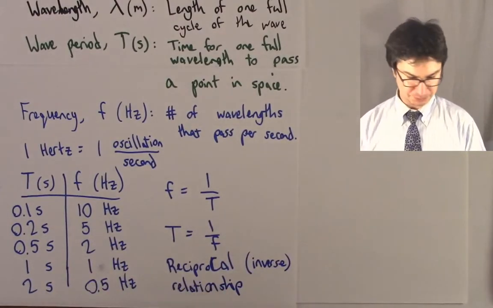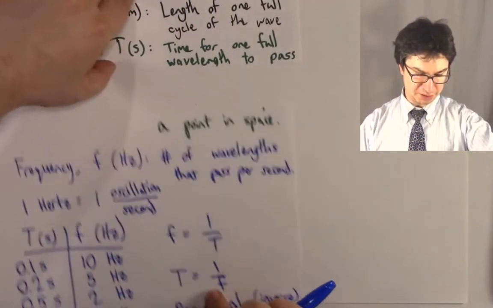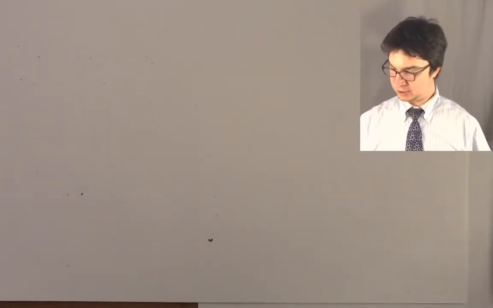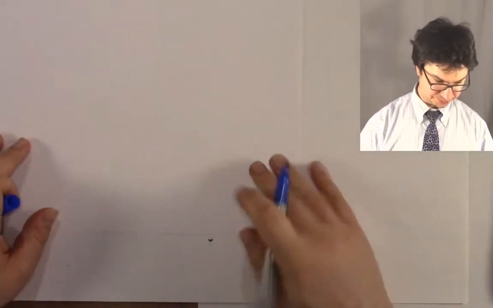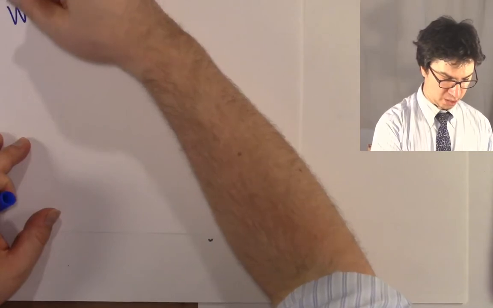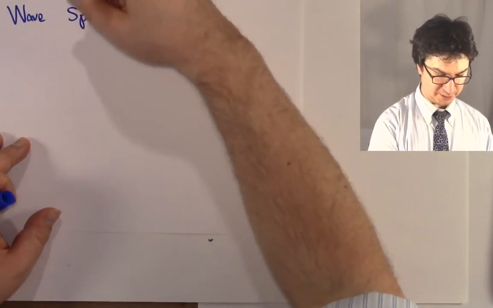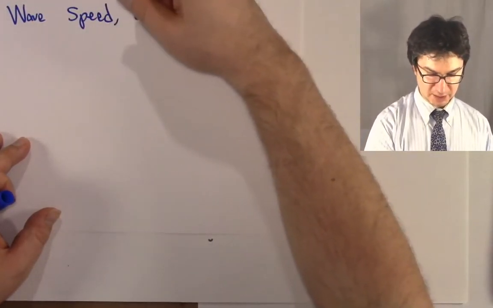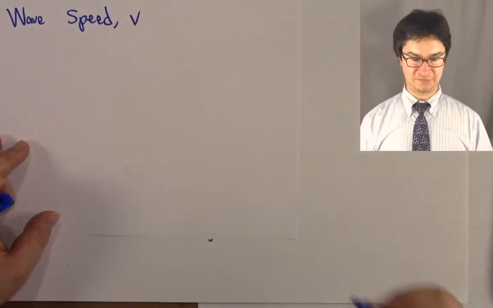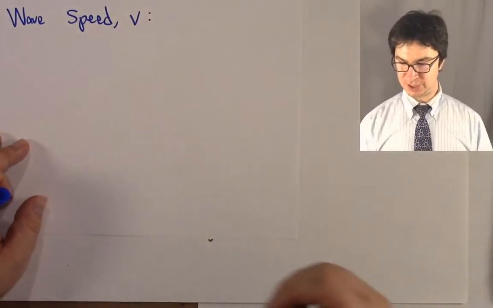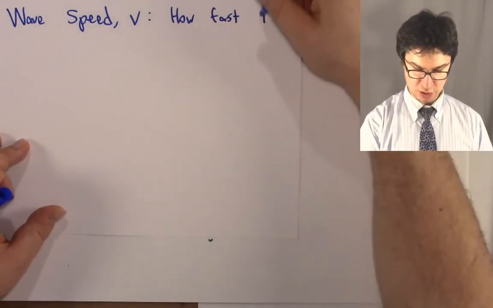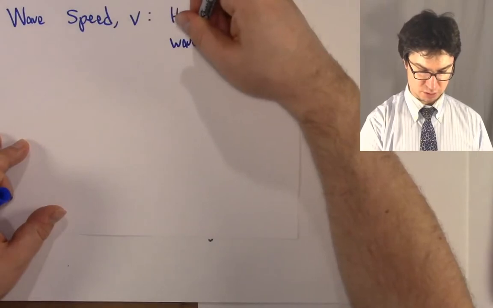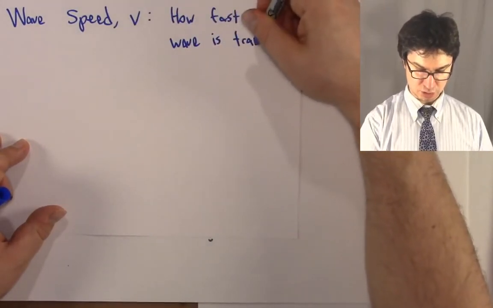All right, cool. So the next thing that we want to explore is something called wave speed. Wave speed gets the symbol lowercase v, and what it represents is how fast the wave is traveling.